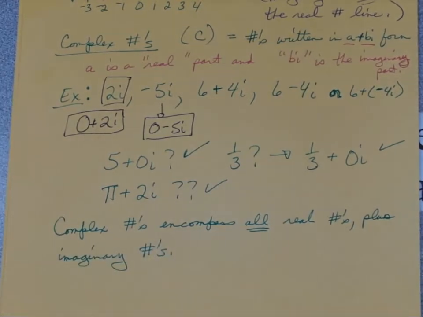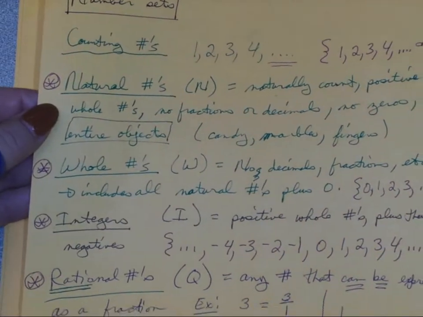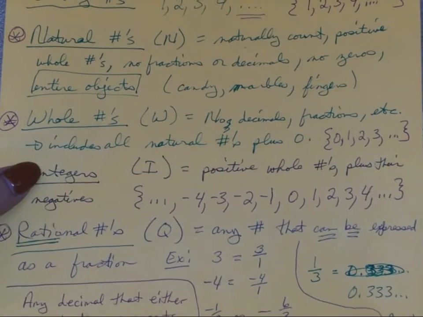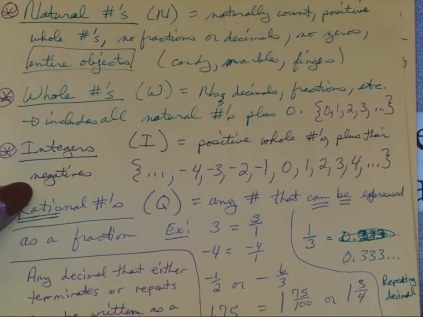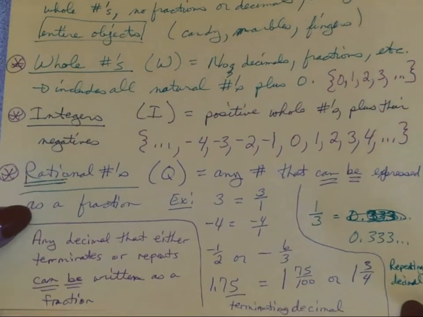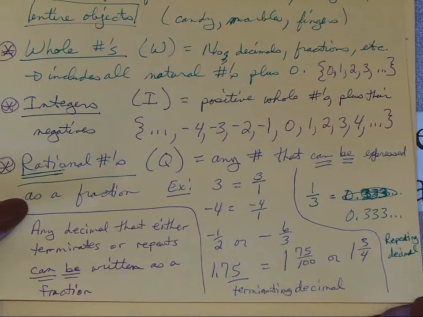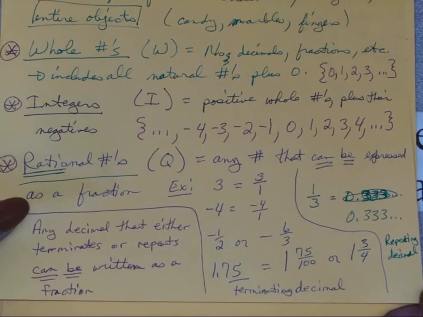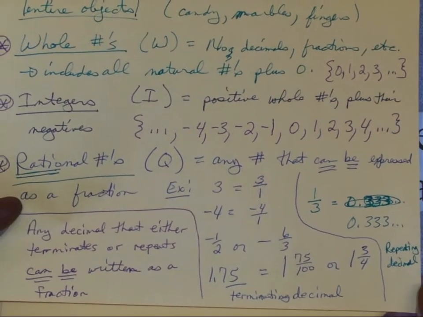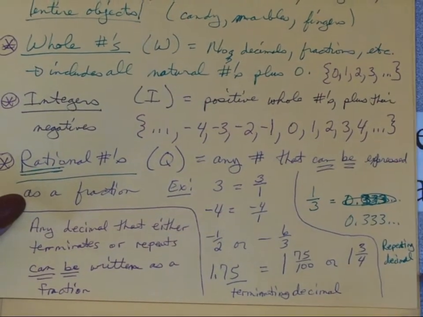Okay, so then this is the way that kids think, right? That kids learn. We start them out. Let me go back. Count, count, count, count, count. Okay, what happens if you lose all your marbles? Okay, what happens if you owe me $5? Okay, what happens if I want to cut that pizza into portions or slice up that pie or take my candy bar and cut it in half? Fractions.